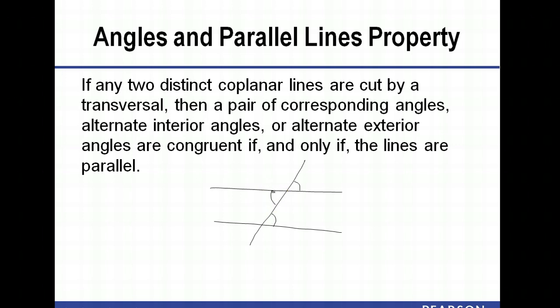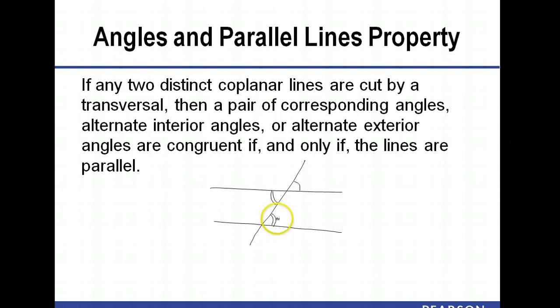So this is an alternate interior angle with this one, right? Those would be congruent. We know this angle here and this one are congruent because they are vertical angles, and we just talked about that a second ago. So here, this angle and this one are congruent because they are corresponding. These two are congruent because they are vertical angles. These two are congruent because they are alternate interior angles.